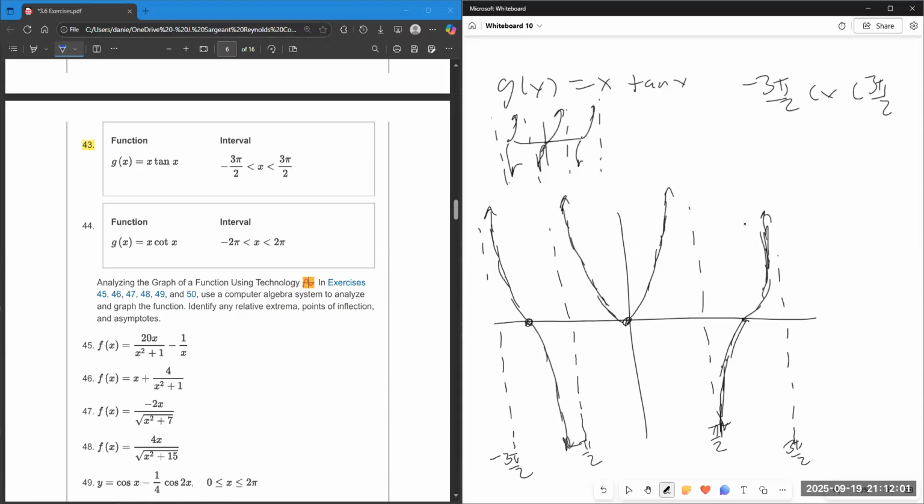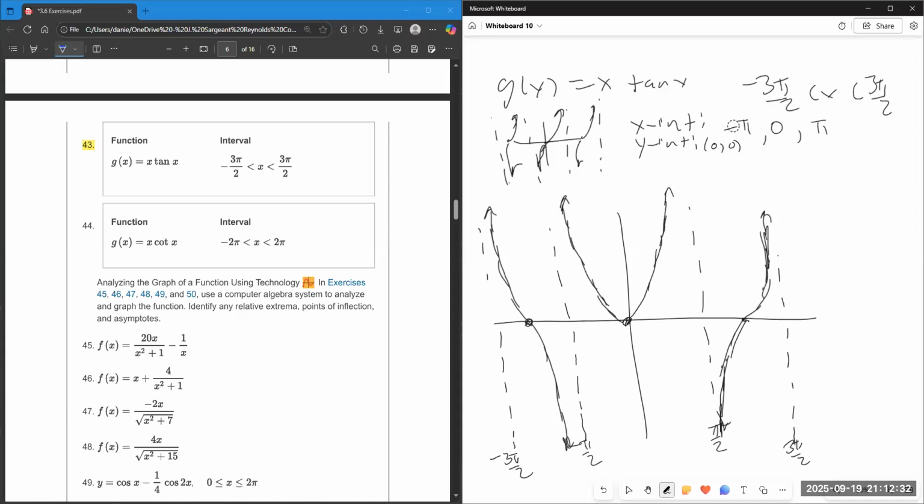The zeros of tangent are going to be at 0, and then zeros of sine. So that's going to be negative pi and positive pi there for my x-intercepts. And I have vertical asymptotes. Let's see, y-intercept at 0, 0.